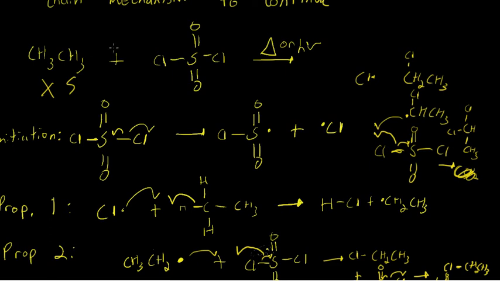Knowing that you want to chlorinate ethane, you must think, okay, we're going to have to somehow furnish a chlorine radical. How are we going to do that? Well, this bond can homolytically cleave, so you can have unimolecular decomposition of sulfonyl chloride to generate this chlorine radical, which can then function in radical halogenation of ethane.